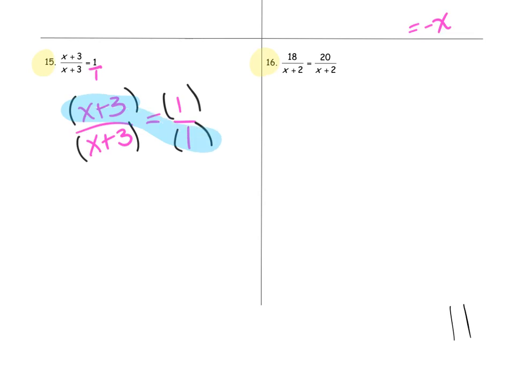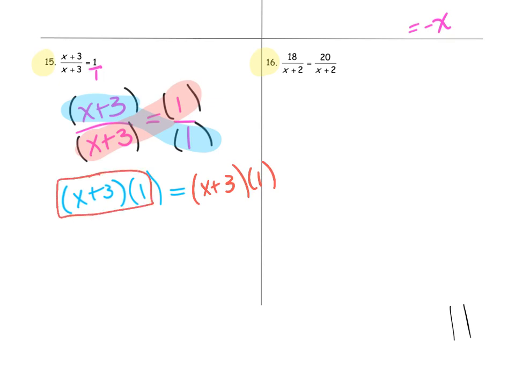Okay, so we have (x plus 3) times 1 is going to equal (x plus 3) times 1. All right, that's weird. Is anyone noticing anything? Okay, well maybe we don't. (x plus 3) times 1 is still just going to be x plus 3.